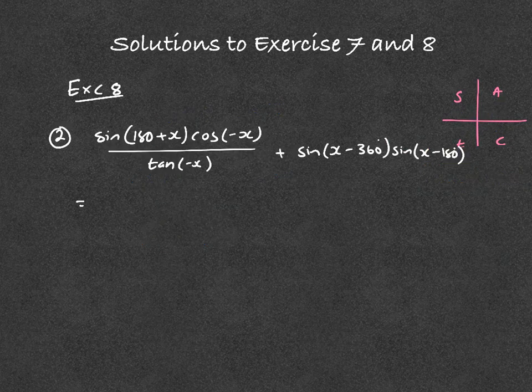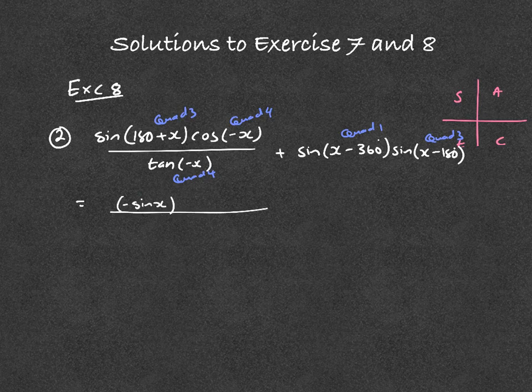Question 2. 180 plus x, that is quadrant 3, minus x, quadrant 4, minus x, quadrant 4, x minus 360, quadrant 1, x minus 180 is going to be quadrant 3. Okay, let's go for it.